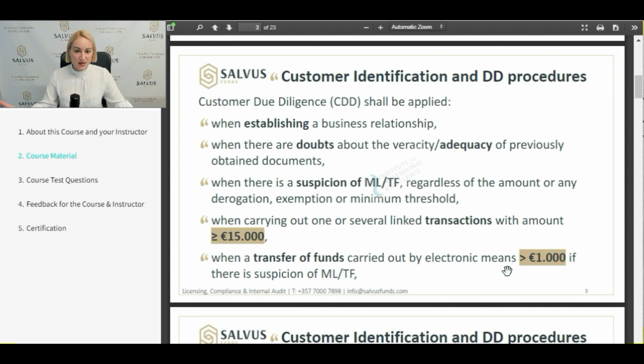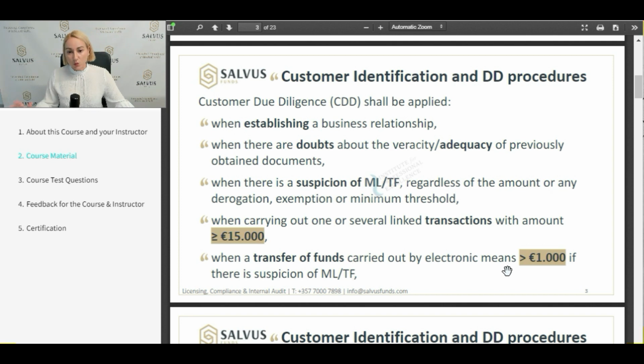We have to understand, as a first step, that we have to do this in order to establish a business relationship with our customer, the customer due diligence. We are doing that again when we have doubts about the documents we have collected already, and when we have suspicion of money laundering, in order to collect again documents or more documents relevant to the suspicions that we have.